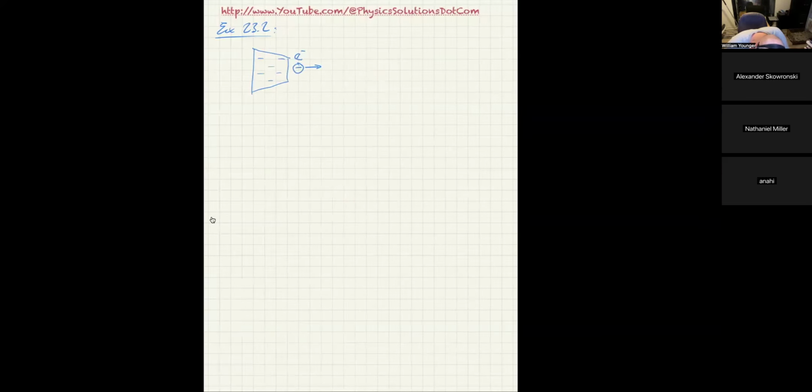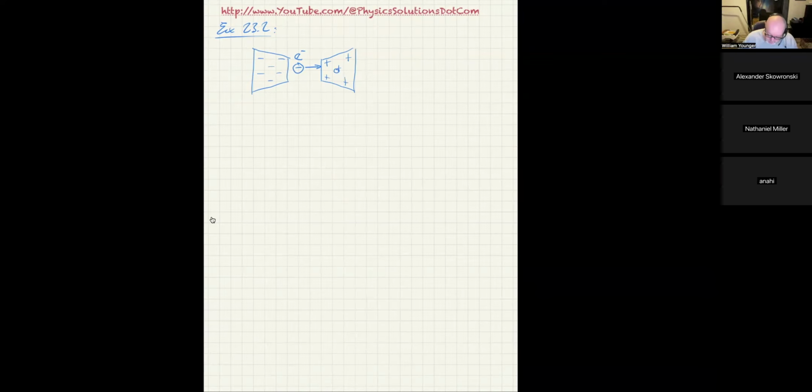And this plate, in fact, is going to be a positive plate, but dead center it's going to have a hole in it.